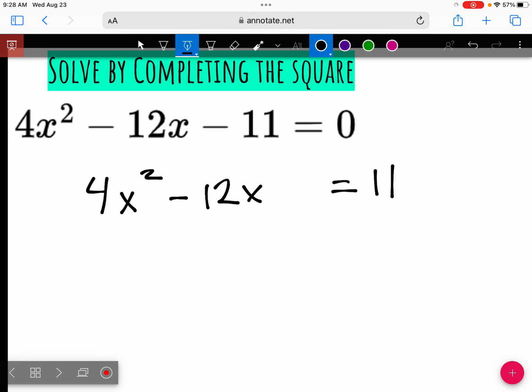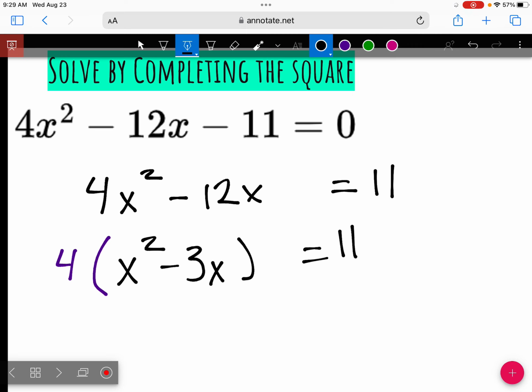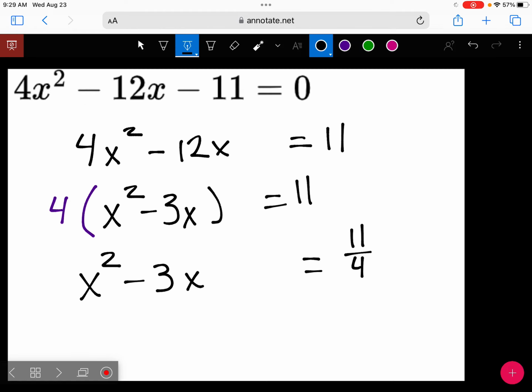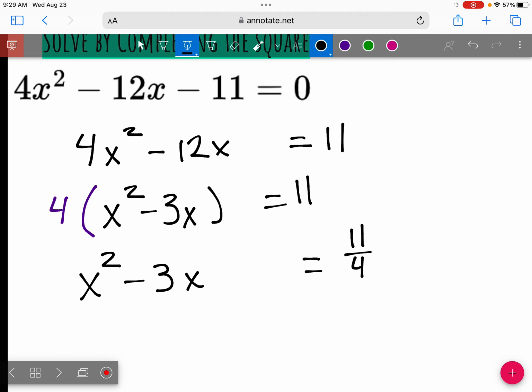Divide out by that a value, so that we get 4 times x squared minus 3x. There we go. So that we have x squared minus 3x equals 11/4. I factored out a 4 as a GCF, and then I divided both sides by 4.